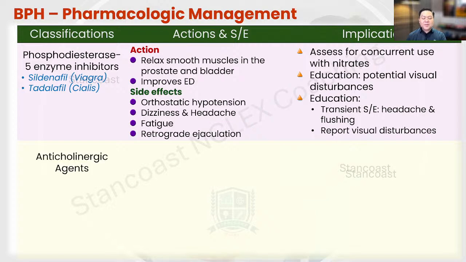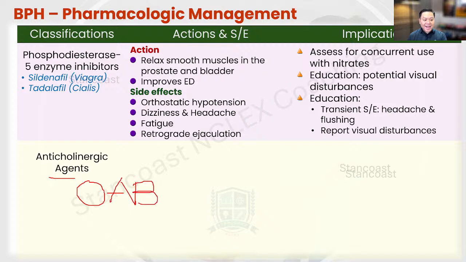Now, we'll talk about the anticholinergic medications, all right? So, guys, I'm just going to caution you right now. The anticholinergic agents are not the mainstays of the treatment in BPH, okay? The only reason that I included the anticholinergic agents is because these medications can control the manifestations of overactive bladder, OAB.